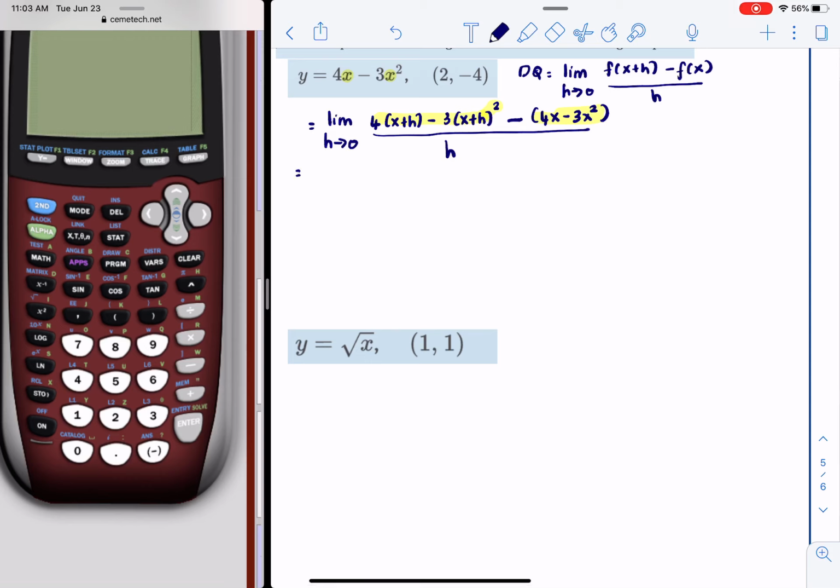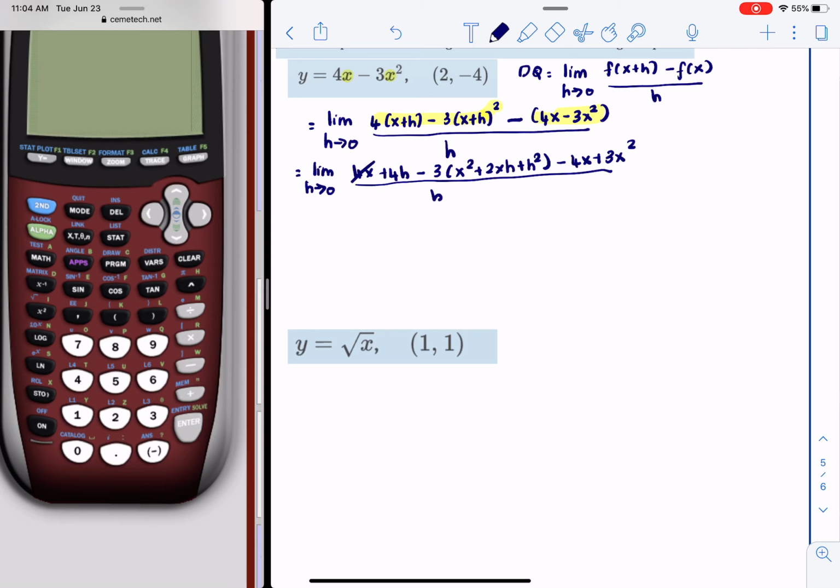So we have 4x plus 4h minus 3 times FOIL x squared plus 2xh plus h squared. Distribute the negative, minus 4x plus 3x squared, divided by h.